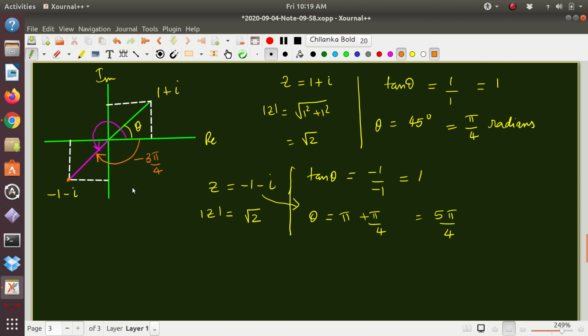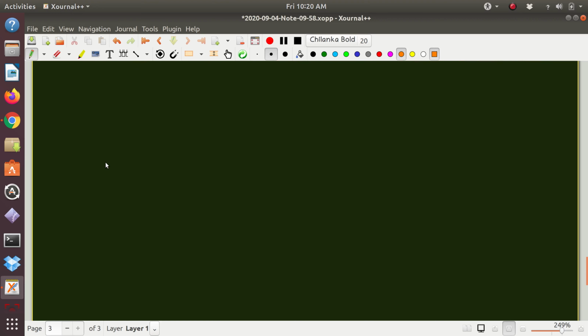Why is that? Because you have a pi by 2 here, and then another pi by 4, so pi by 2 plus pi by 4 is 3 pi by 4. But you also have a negative sign because this angle is measured clockwise, whereas counterclockwise gives positive angles. So this is one and the same, but you can represent it in either way.